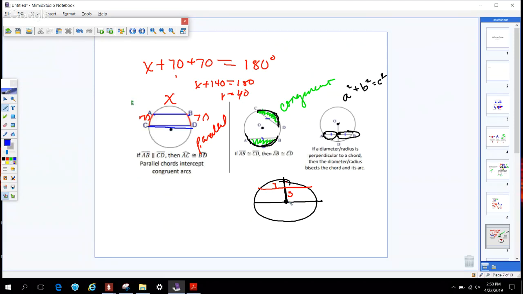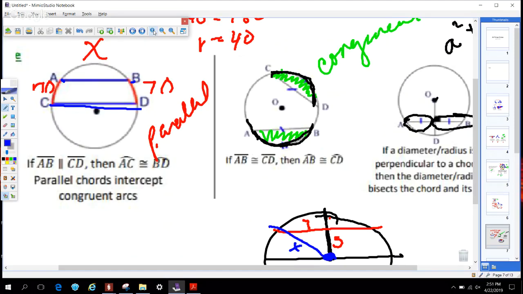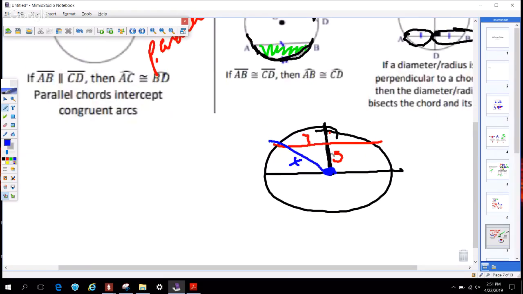The radius, remember, is any distance from the center of the circle out. So now we just have to do x. And then we can use our Pythagorean theorem and say, okay, this section's 5, this section is 7. 5 squared plus 7 squared equals my x squared.